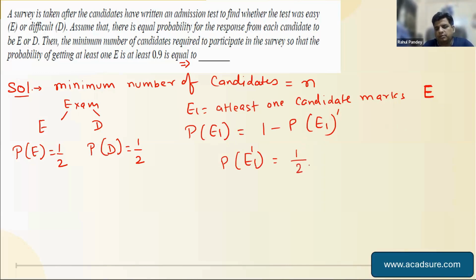So first candidate marking difficult, second candidate marking difficult, third candidate marking difficult, up to n times because there are n candidates. So the probability of everyone marking it difficult is half power n.